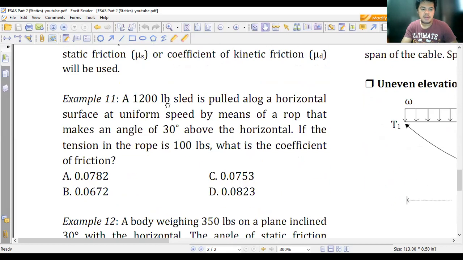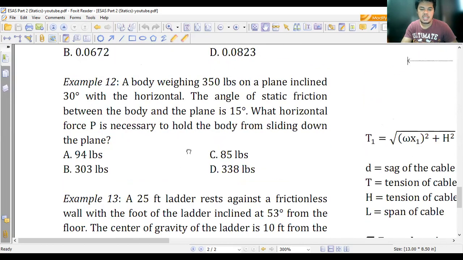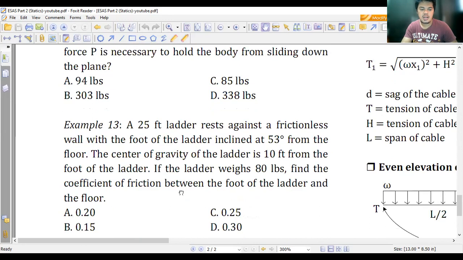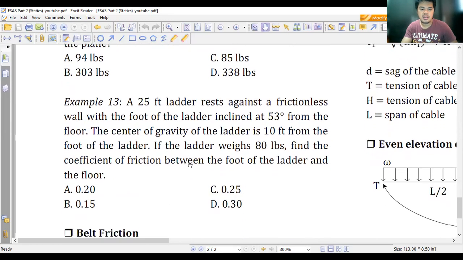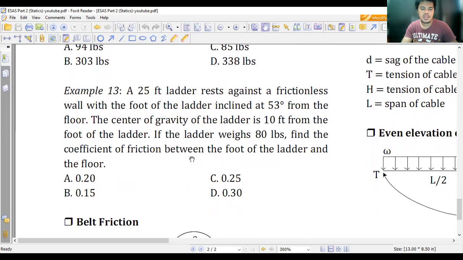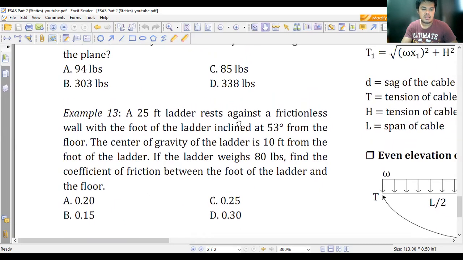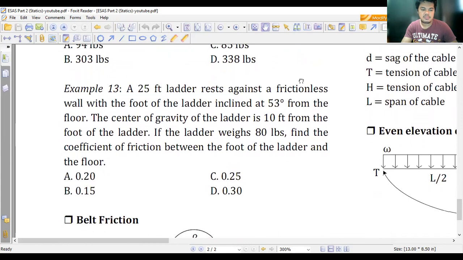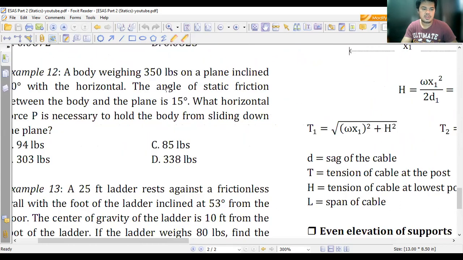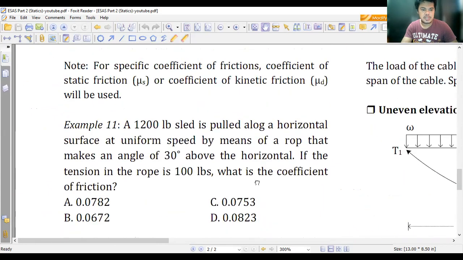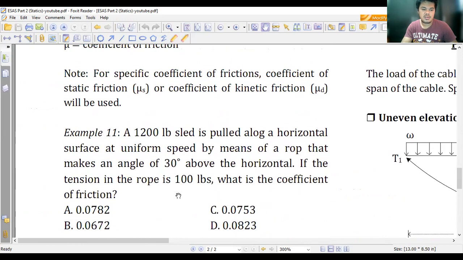So we have three examples for the topic friction force, and we'll try to analyze them one by one.